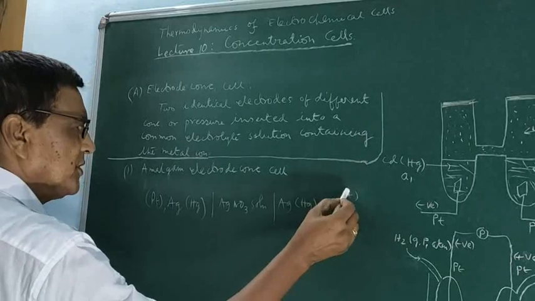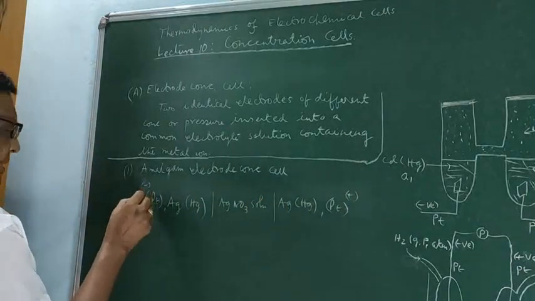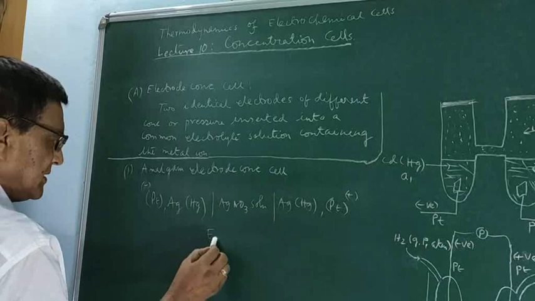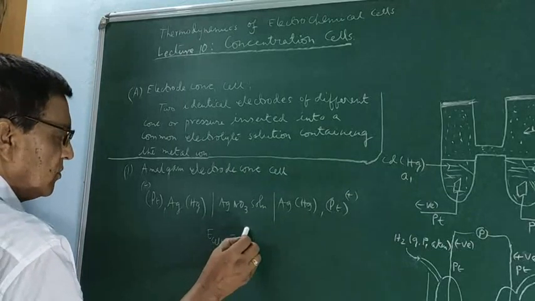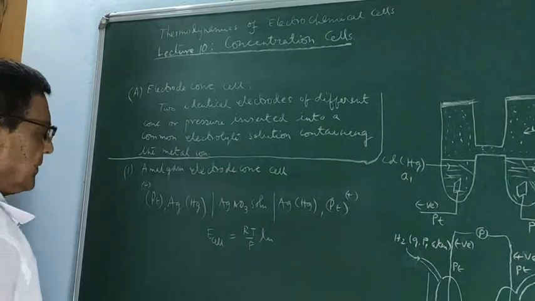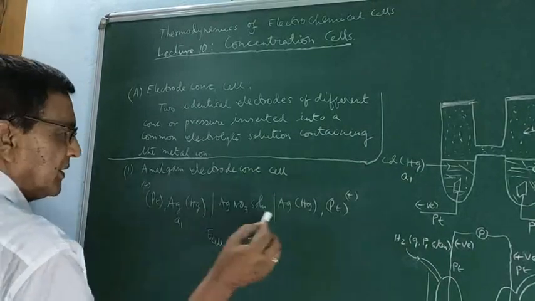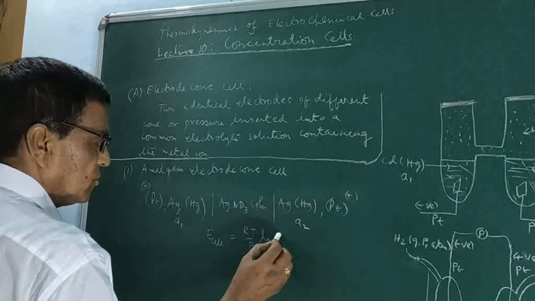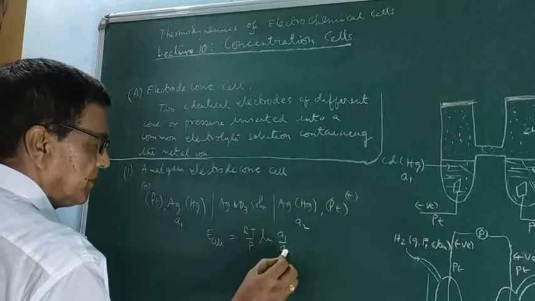This one is the positive electrode and this one is the negative electrode. In this case, E cell will be equal to RT by F ln, here it is A1 and here it is A2, so A1 by A2.